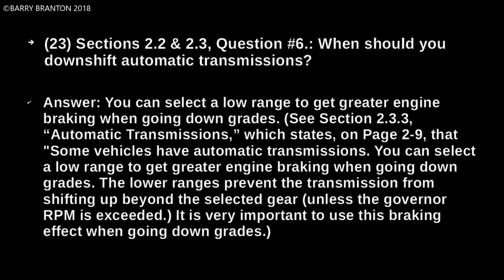You can select a low range to get greater engine braking when going down grades. The lower range prevents the transmission from shifting up beyond the selected gear, unless the governor RPM is exceeded. It is very important to use this braking effect when going downgrade.